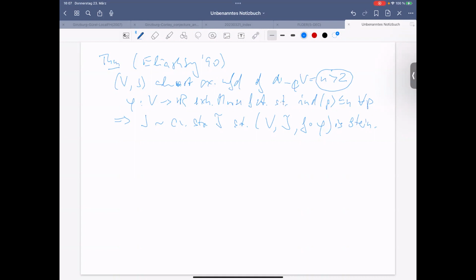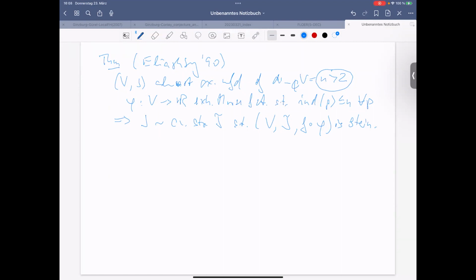Okay, so maybe because of time, I was planning to say a couple of words about the proof, but let me skip that. If we have time later, I'd be happy to give a few comments. But it turns out that the heart of the proof is explicit constructions of J-convex functions. So you construct this Stein structure by starting with the Stein structure on the ball, and then you extend it over handles, because we know we can represent our manifold by handle attaching.